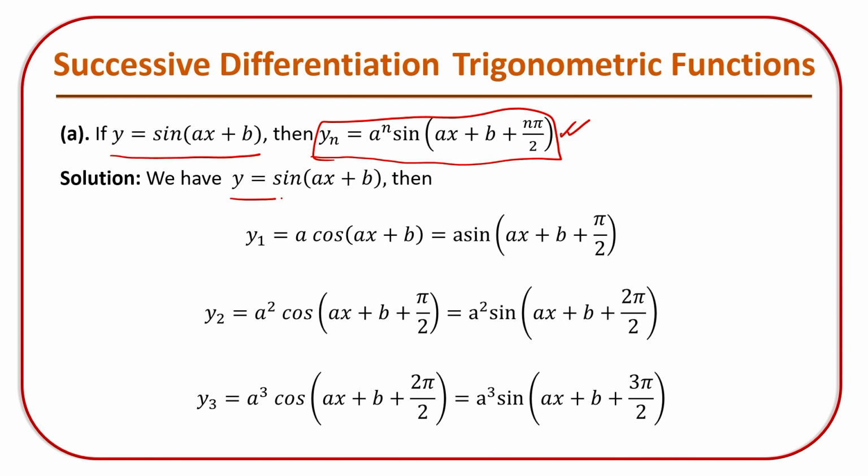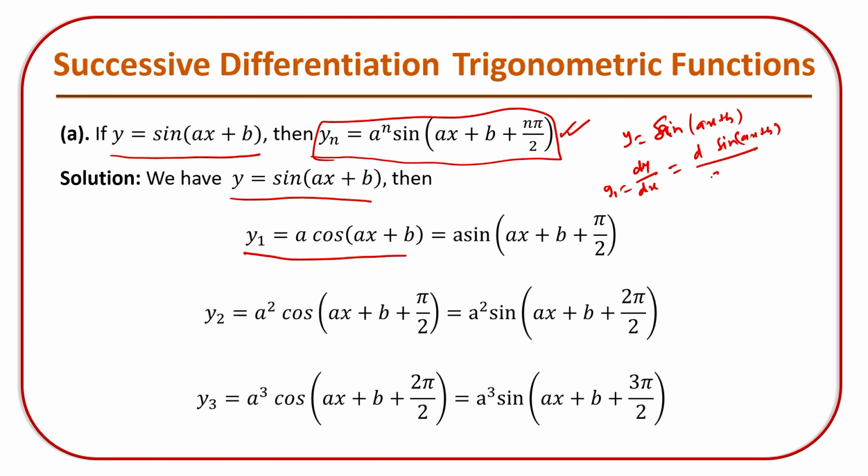So since y is given, y1 can be calculated. What will be y1? So y equal to sine of ax plus b, hence dy by dx, that is y1, is equal to d of sine of ax plus b by dx.